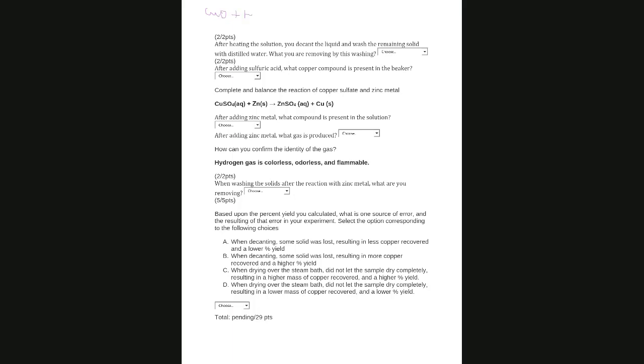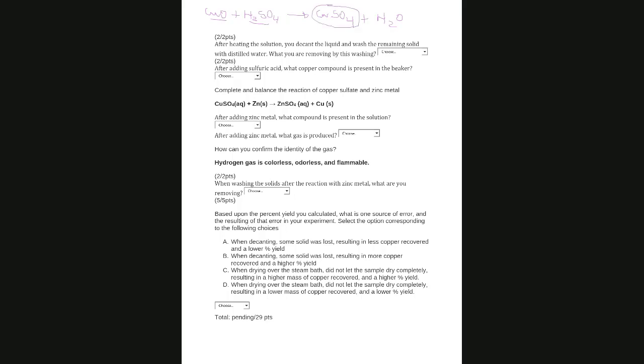It's basically reaction number 4 of the 5. So you will look at this reaction, where you add sulfuric acid to the copper oxide. What copper compound is present in the beaker? You can tell me by looking at this reaction. Exactly. Thank you, Douglas. This is what we have, the copper sulfate.